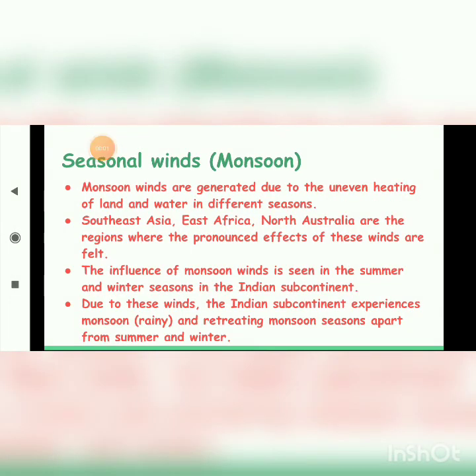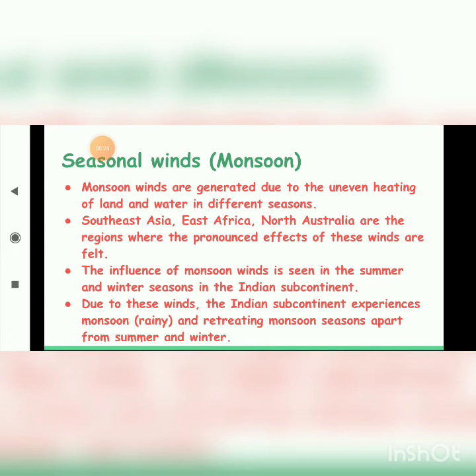Now students, we will be learning about seasonal winds. What are these kinds of winds? Monsoon winds are generated due to the uneven heating of land and water in different seasons.